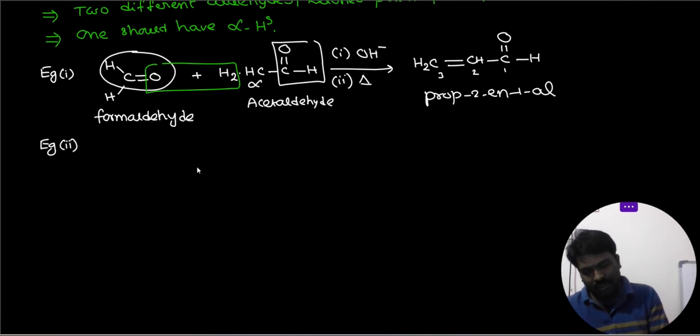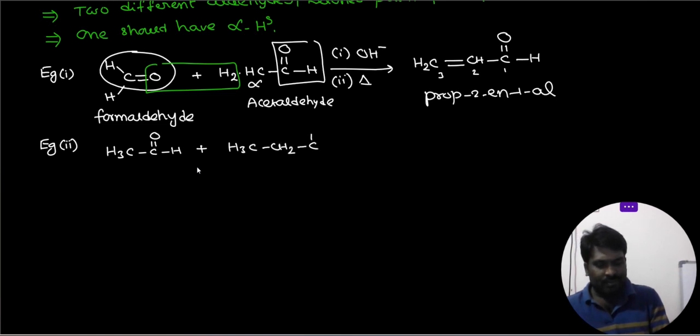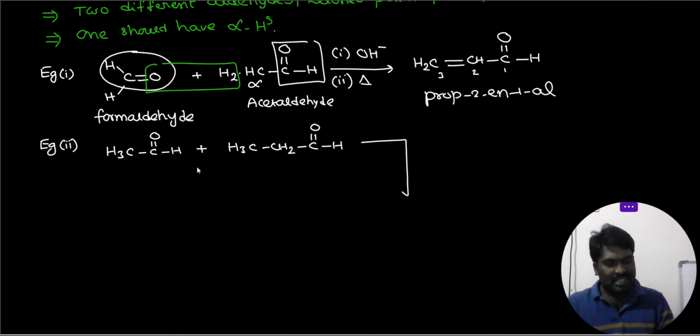Example 2. You can take acetaldehyde plus propanaldehyde. Understood? Conditions means reagents: dilute NaOH and heat.